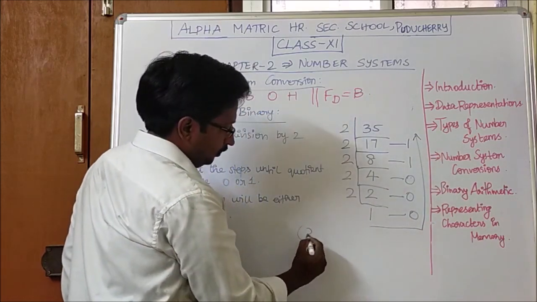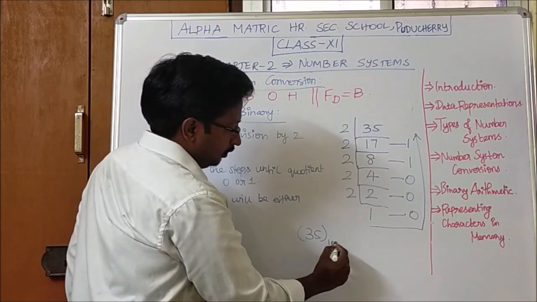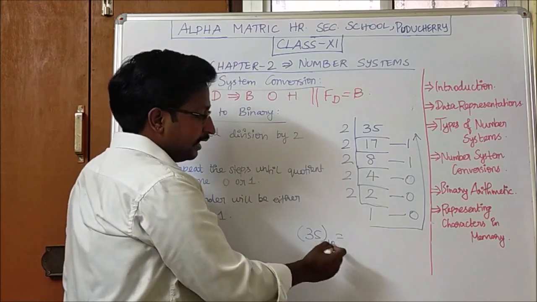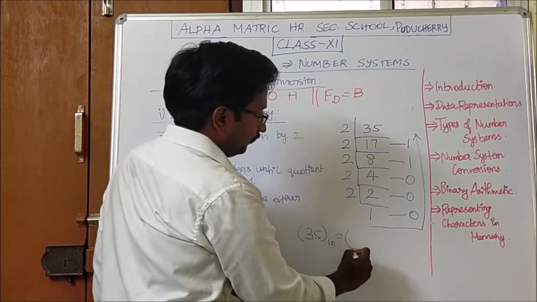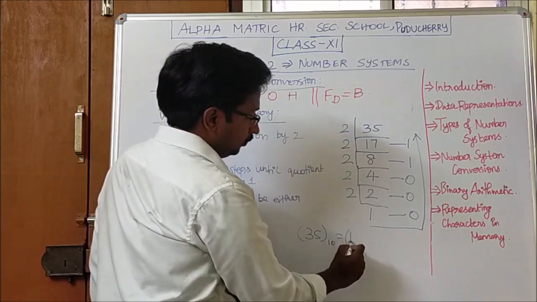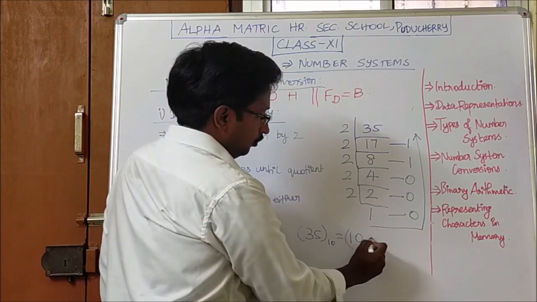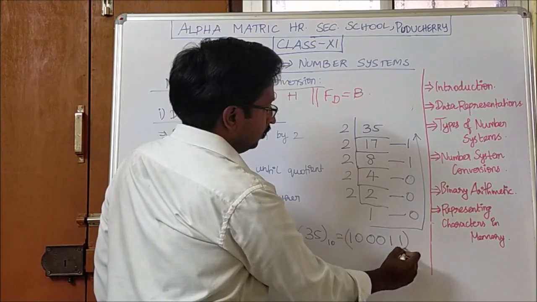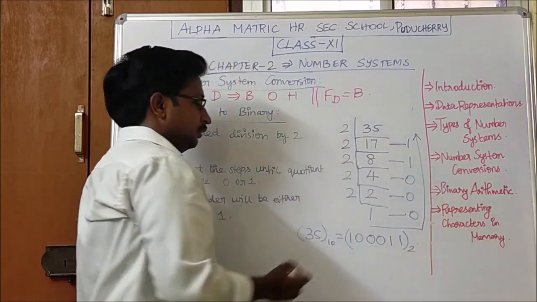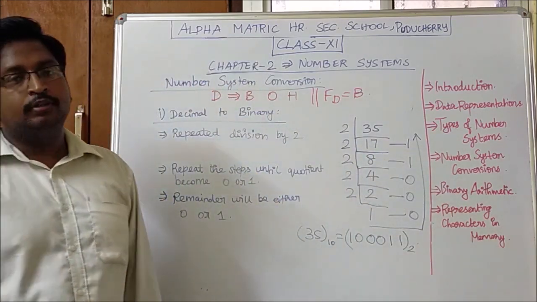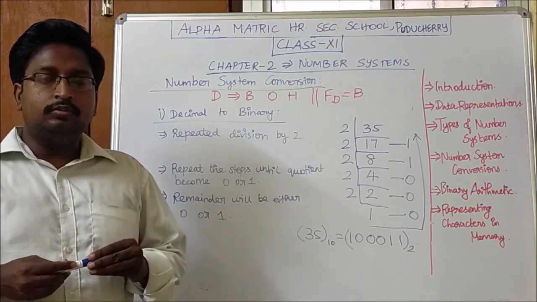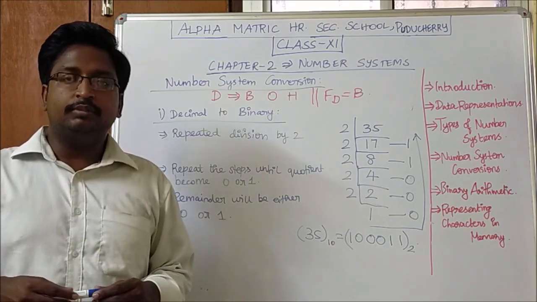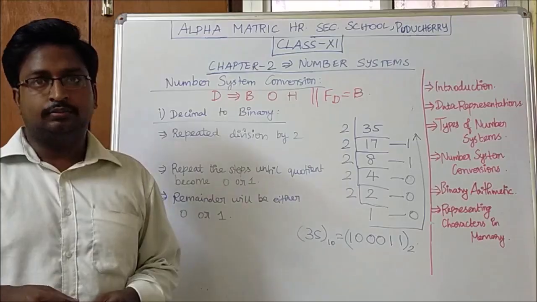So write 35. Whenever you write the answer, the radix is most important. From the quotient part, 1, 0, 0, 0, 1, 1, and this radix is 2. So this is how we have to convert the decimal into binary.